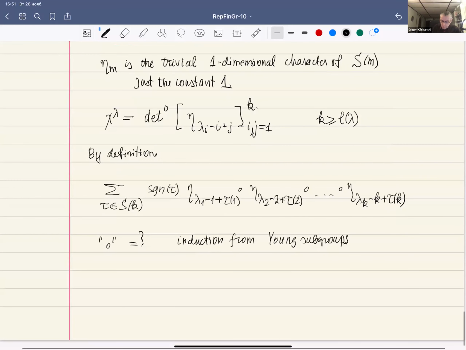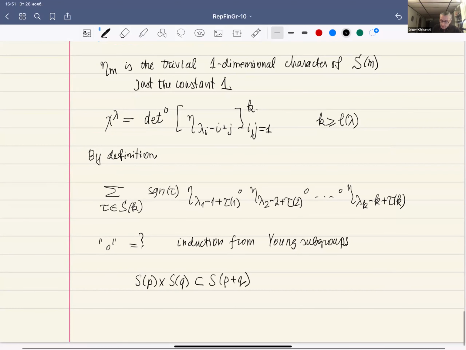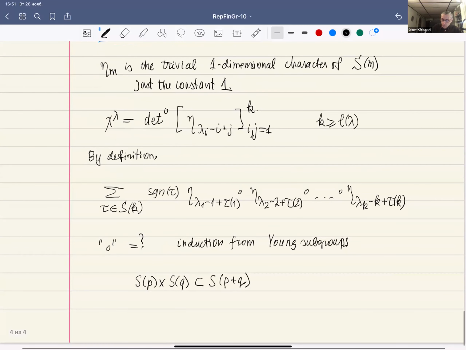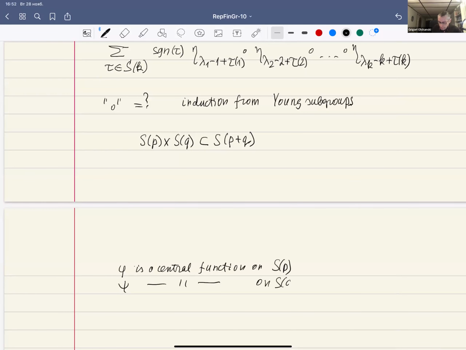So if you take some two subgroups, say two symmetric groups, which are viewed as subgroups of a bigger symmetric group, and phi is a central function on this subgroup, and psi is a central function on this.